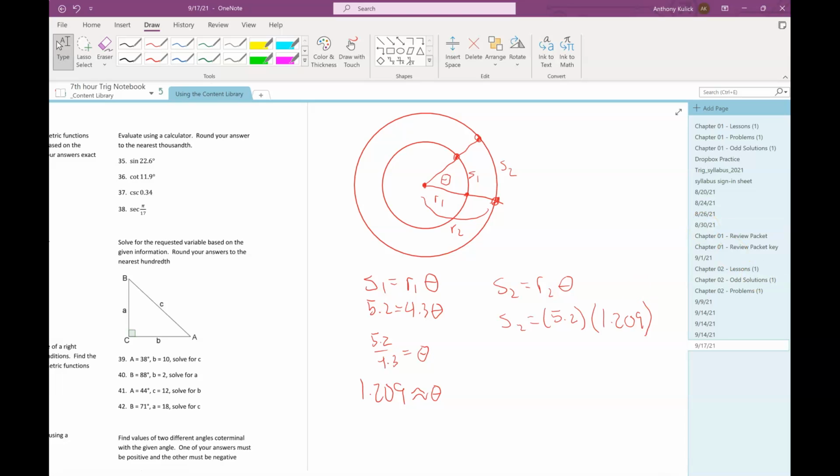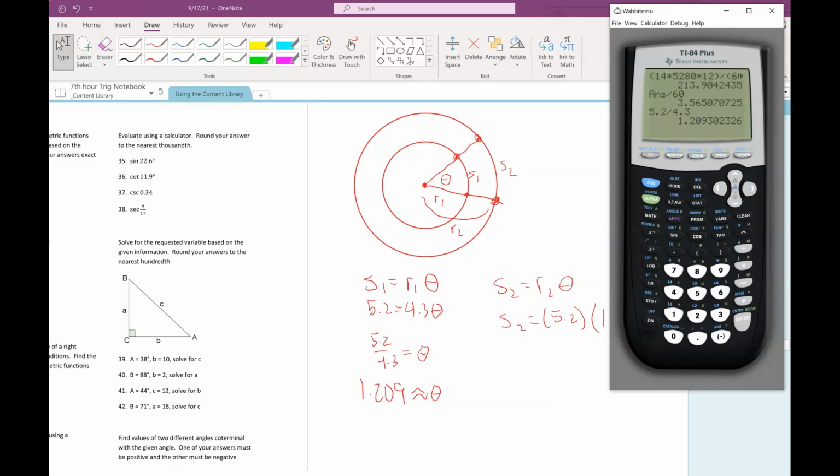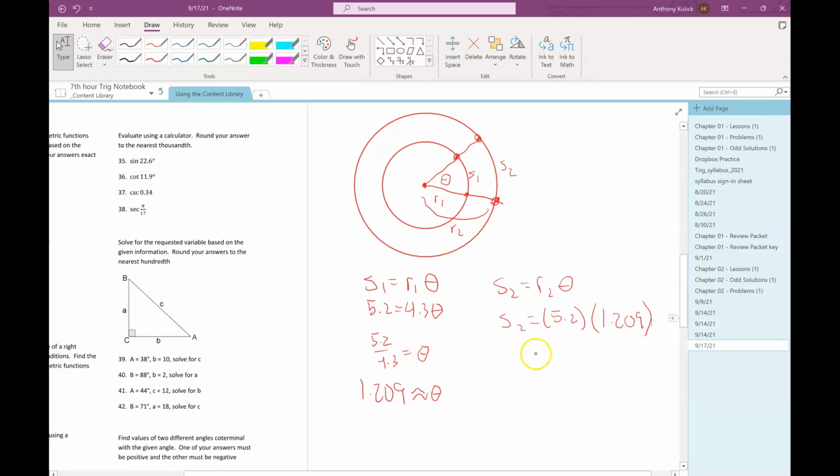So I just need to multiply those two together, and that'll be my answer. So 6.29, I think it said round to the 100th, yeah. And the measurements here were in inches, so we're in inches again.